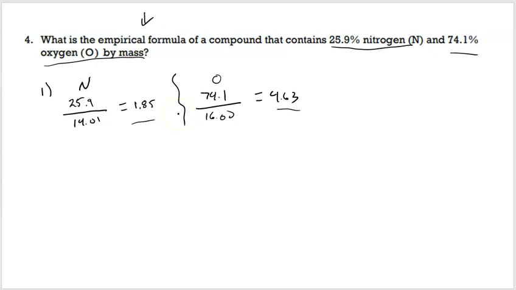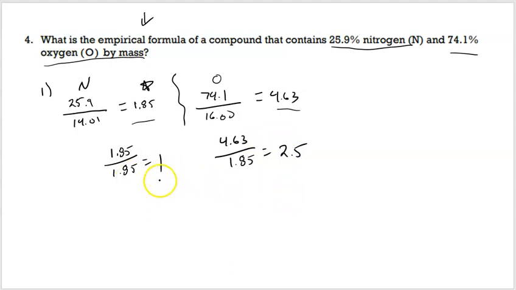The next step is I divide both numbers by the smallest one, which is 1.85, since 1.85 is smaller than 4.63. So for nitrogen, 1.85 over 1.85 is 1. For oxygen, 4.63 over 1.85 gives me a number that rounds to 2.5.